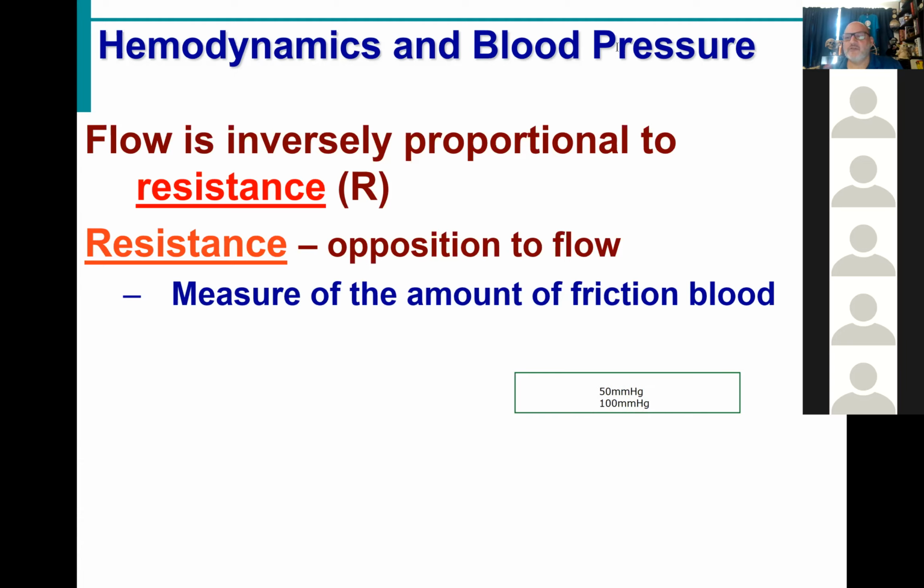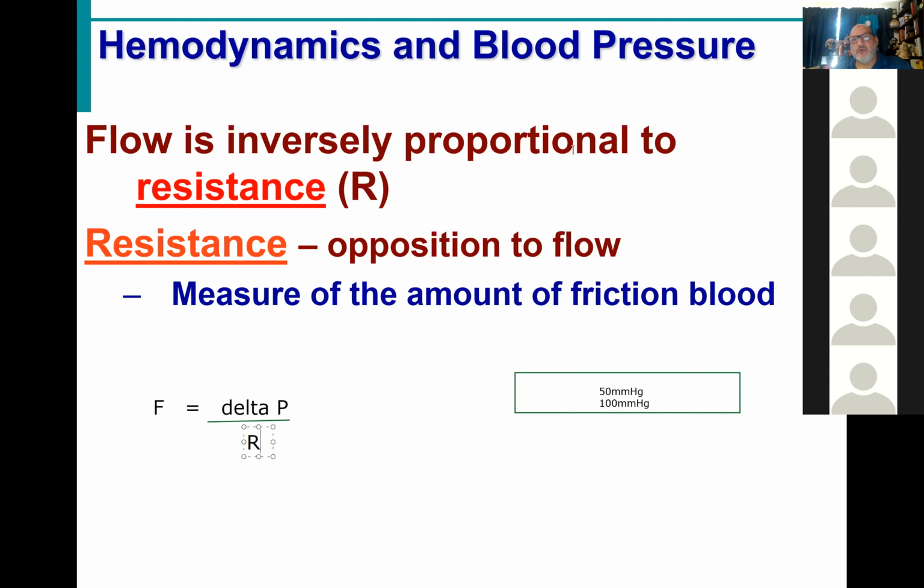Let me write this bigger so it's prettier. Flow is directly proportional to delta P. But flow is also inversely proportional to the resistance. And as we talked about, the resistance is the amount of friction that that blood has to overcome as it is moving through.